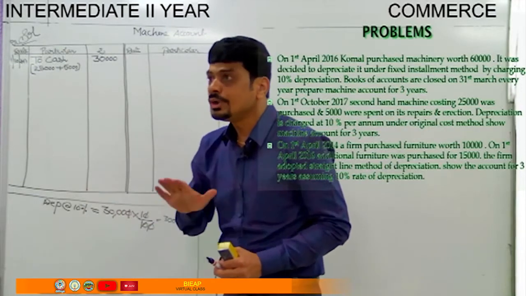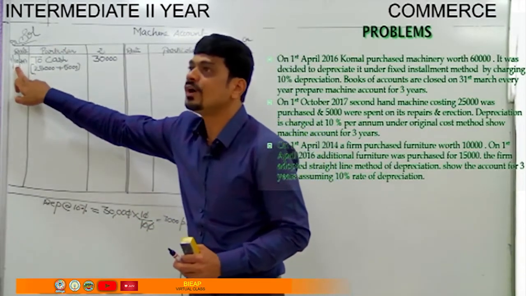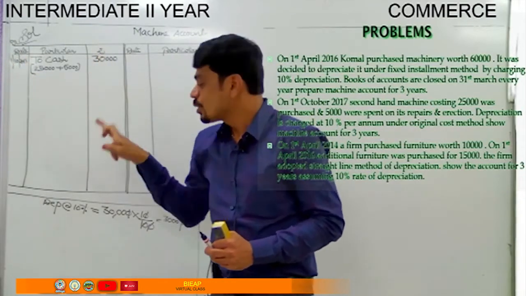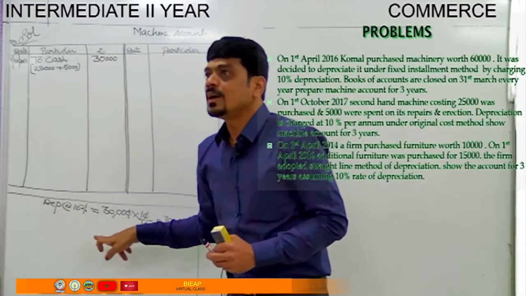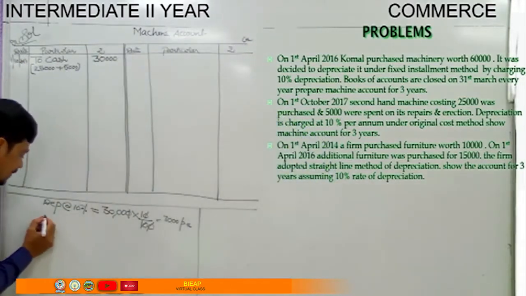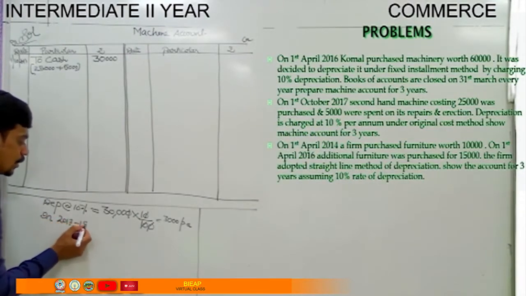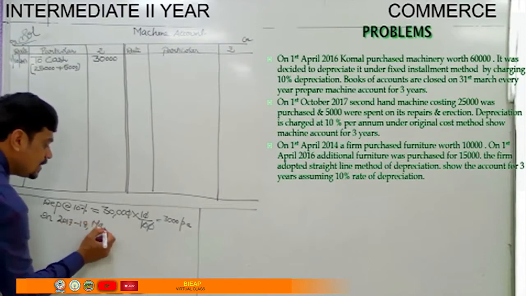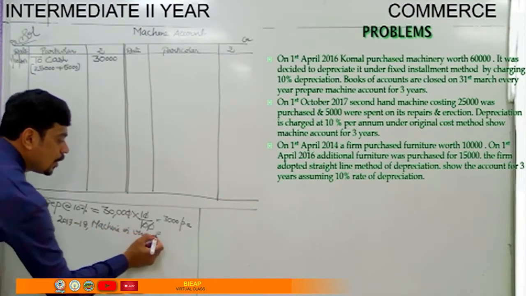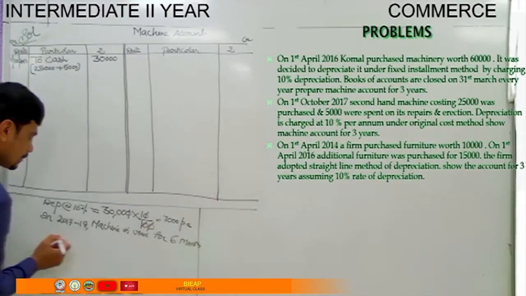No, we did not use the asset for 12 months. We have used it only for 6 months, that is from October to March. So here we'll write a comment for our convenience. In 2017 to 2018, the machine is used for how many months? For 6 months.